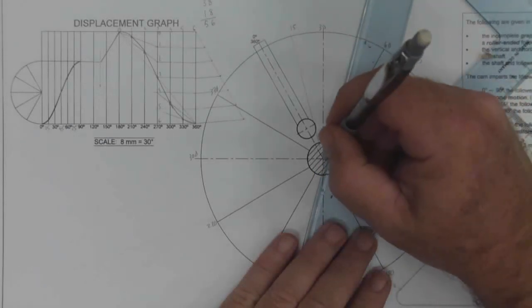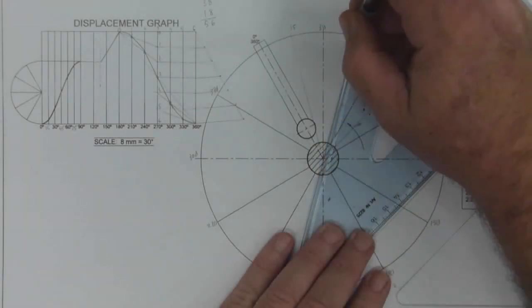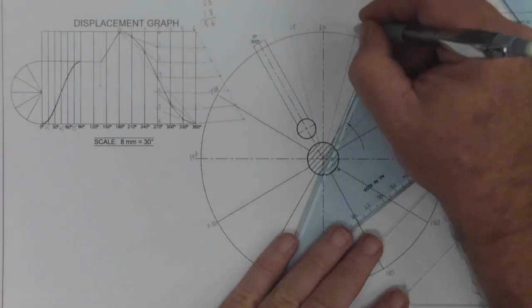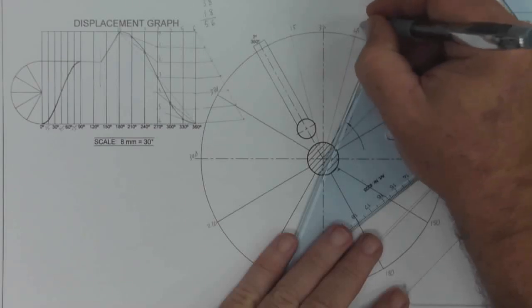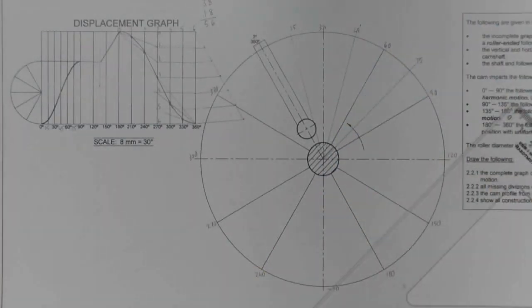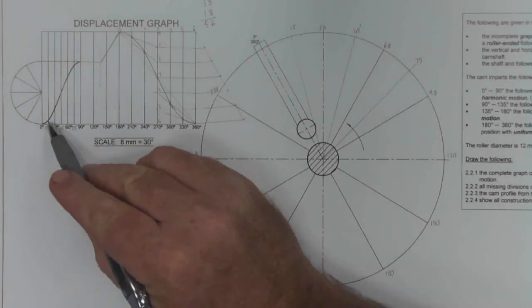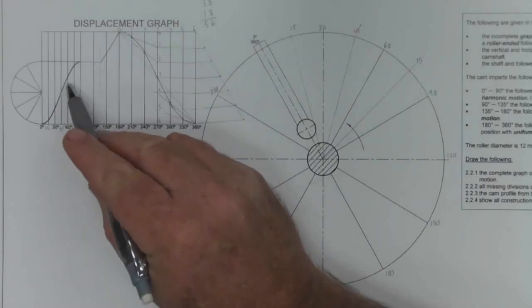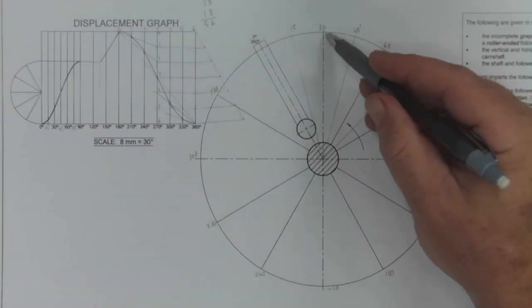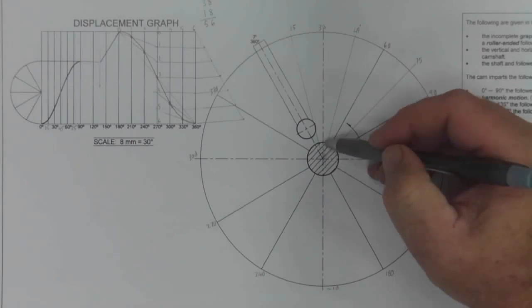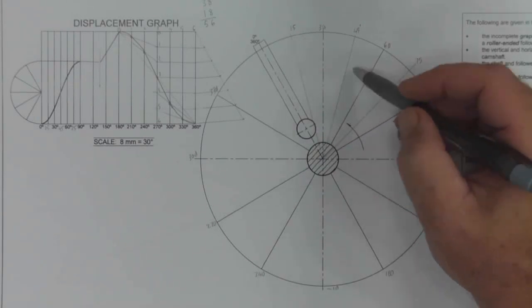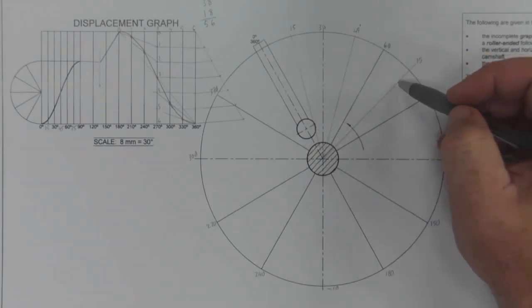And there is the 45-degree angle. Okay, so all my points are now labeled around my shape. And now it's a matter of plotting the points by taking where they are hitting the vertical divisions across to the vertical line, and then using my compass to take them around to their angular displacement.